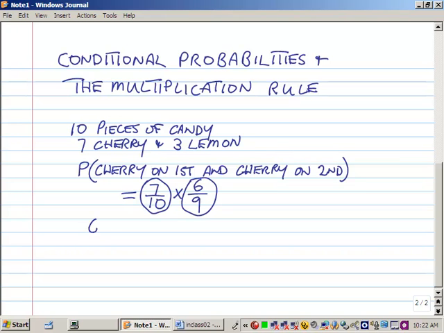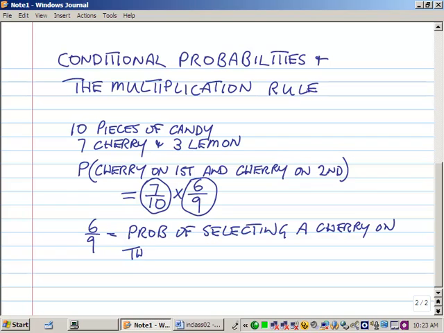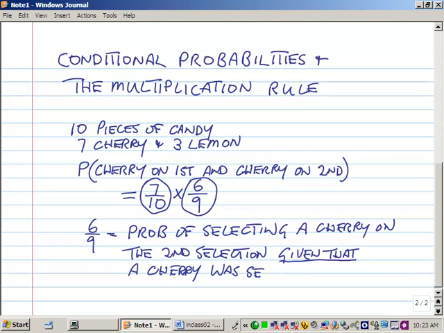Or another way of looking at that is that the 6/9 is the probability of selecting the cherry on the second selection given that, I'm using the typical words here, the cherry was selected on the first time round, okay?